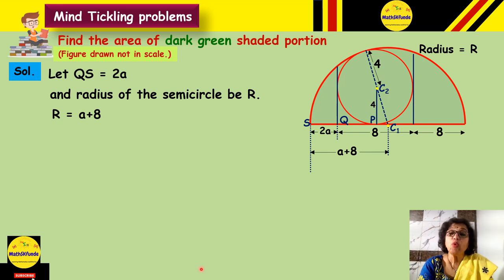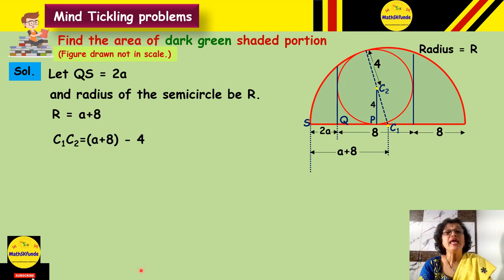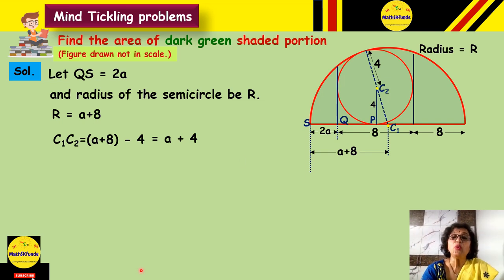So capital R, the radius of the semicircle, is a plus 8. Fine. Now, what about C1C2? C1C2 would be the radius of the semicircle minus 4. We have just found the radius is a plus 8. So C1C2 becomes a plus 8 minus 4, which gives you a plus 4. Now look at triangle PC2C1.